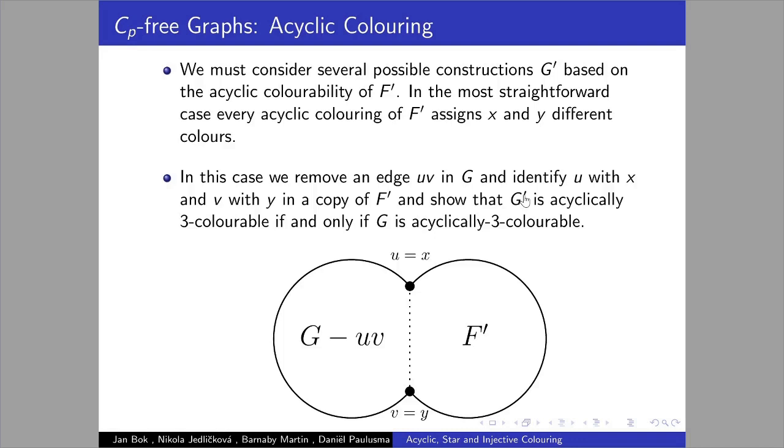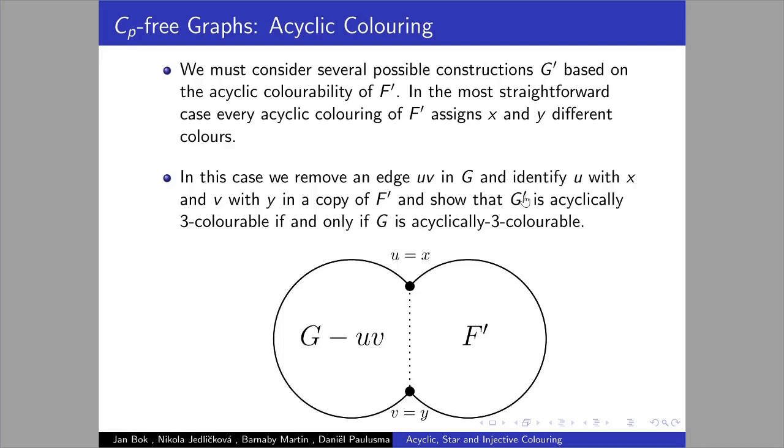And why is that? Well, clearly if G is acyclically 3 colourable, we can extend this to an acyclic 3 colouring of G dash using any acyclic 3 colouring of F dash. And in the other direction, what we have to note is that since F dash plus the edge xy is not acyclic 3 colourable, it must be that however we colour x and y, we have a path in these two colours between the two vertices in F dash.